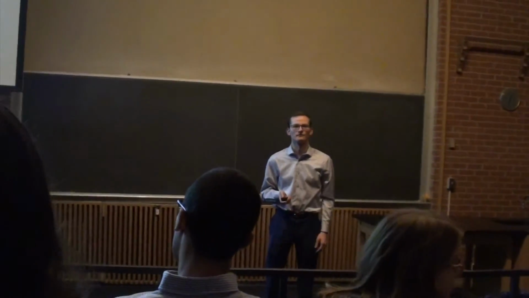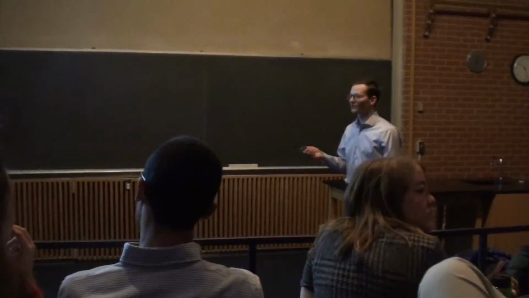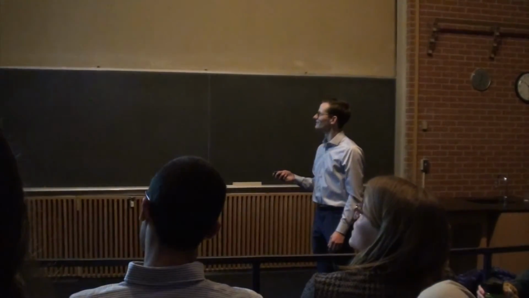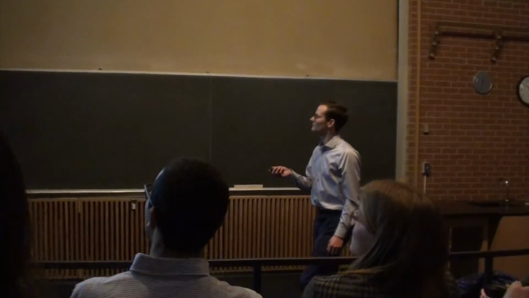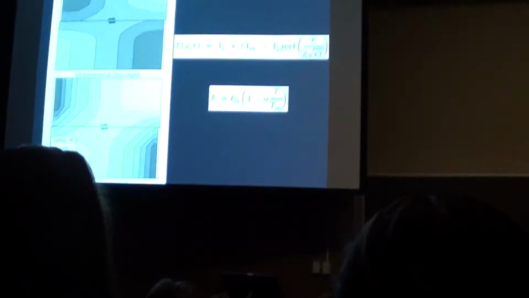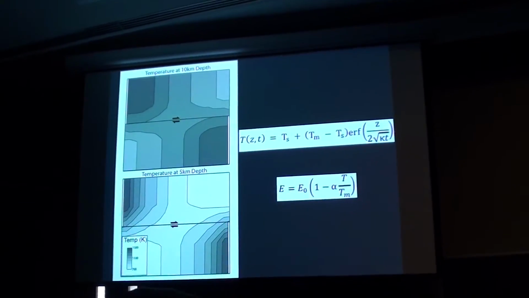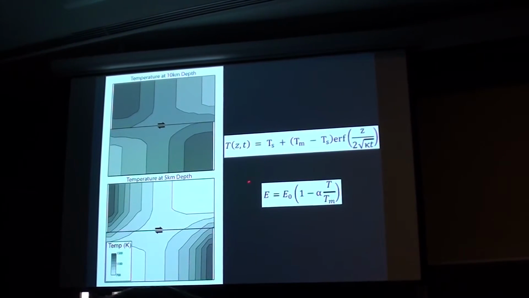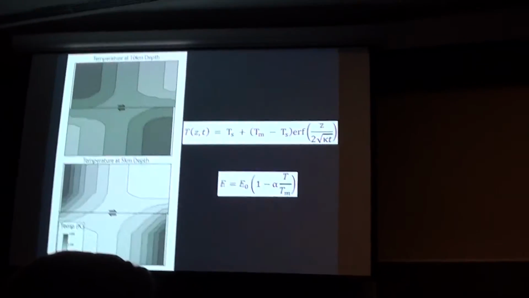How well do you know the temperature? A whole other part of my project was developing a temperature model, which I do have a little extra slide for. So here is my temperature model. I used this equation up here for the temperature gradient, and here are two temperature gradients, and then I used that with this equation to get Young's modulus based off of the temperature gradient.